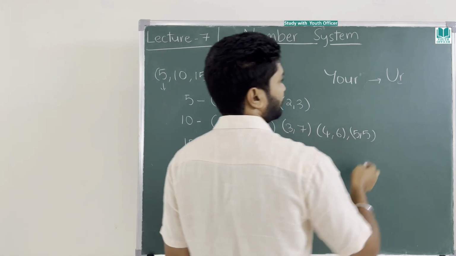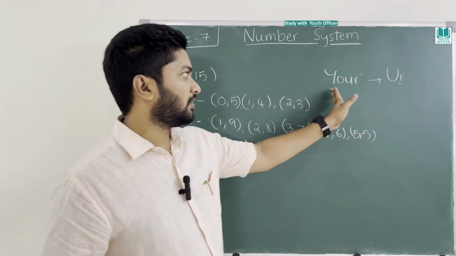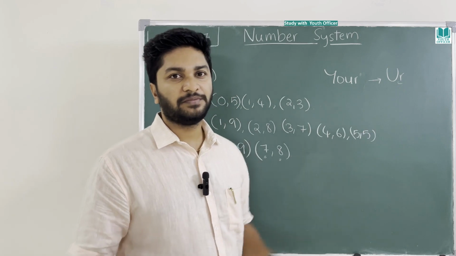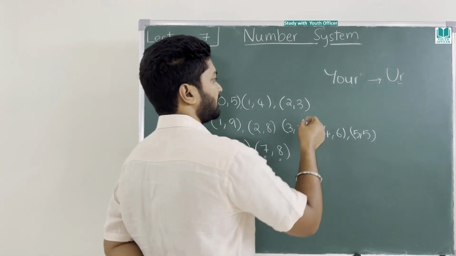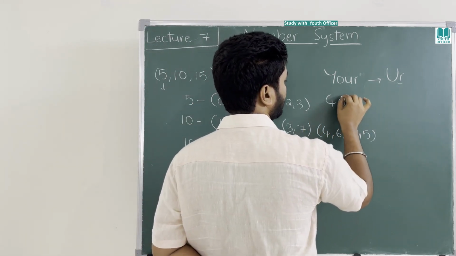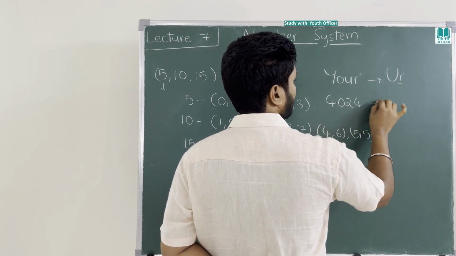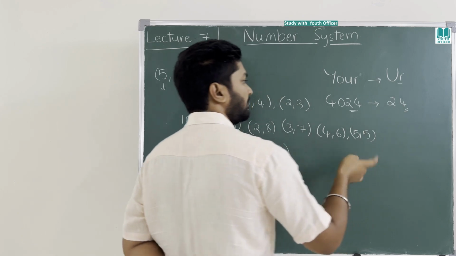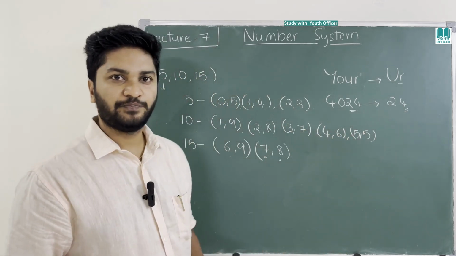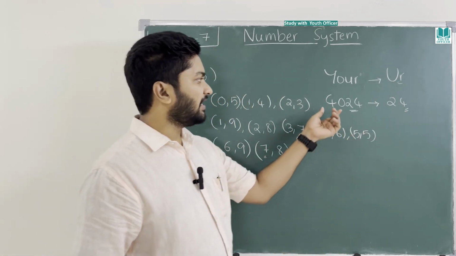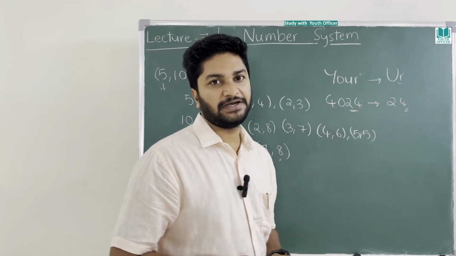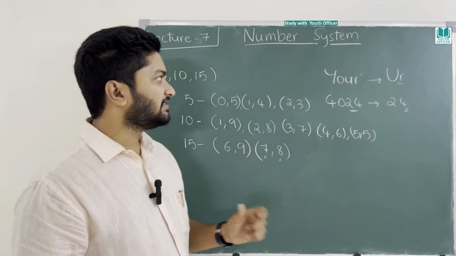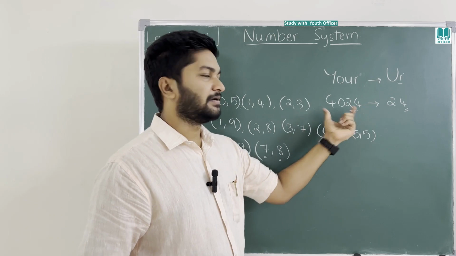You can know that somebody is using 'your' or 'you are'. But if I take a number, let us take 4024, and I use only 24 in the message, will people know that it is 4024? No, right? In a number you need every digit to be represented. That is the difference between a word and a number.